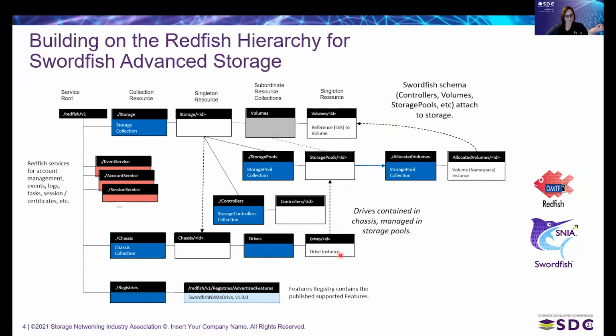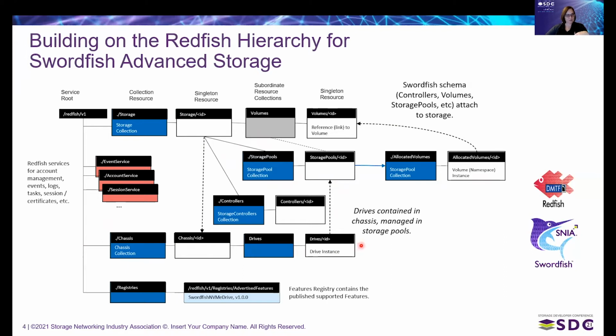The chassis, what you'll see down here is, again, the physical representation. So that may be drives, that may be enclosures, that may be also the physical pairing and representation of advanced storage controllers. All of those kinds of capabilities would be built in and represented in the chassis interface.